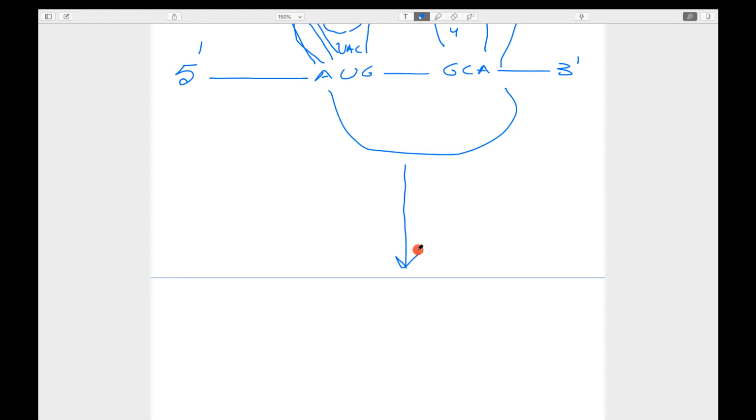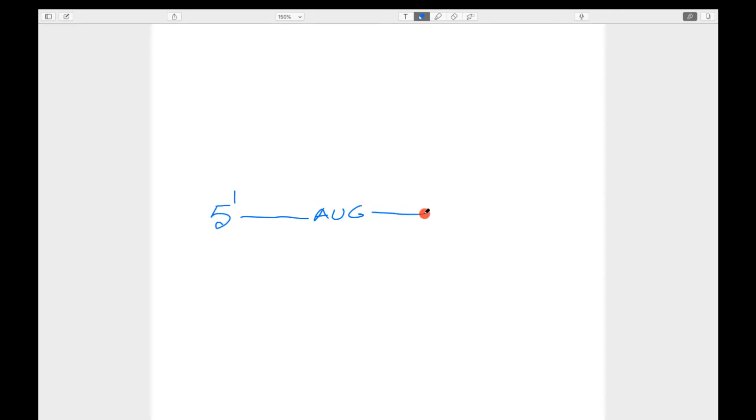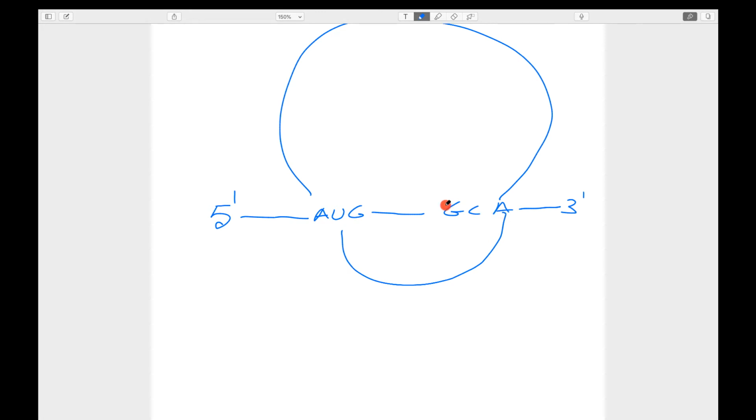Let us see. As I mentioned earlier, the EF-Tu GTP comes into the role. Once it comes into the role, let us see again here: AUG, GCA, 3 prime, and this is the exit site.